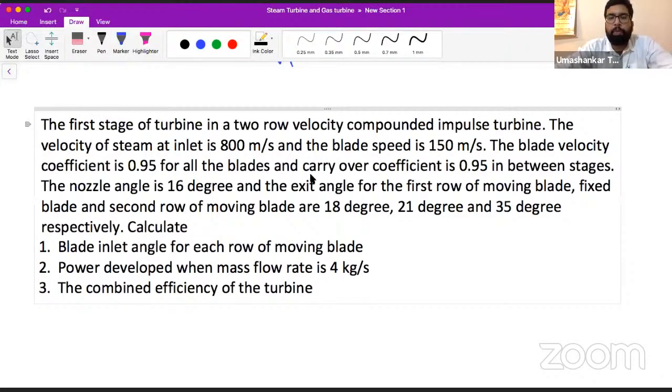So this carryover coefficient thing and blade coefficient thing is clear to all of you.